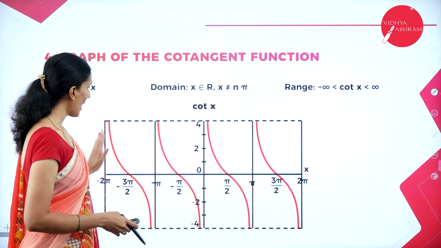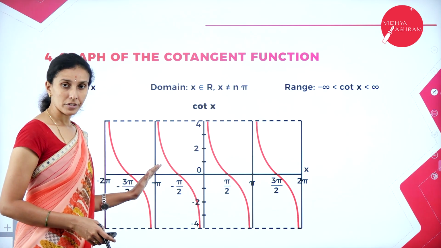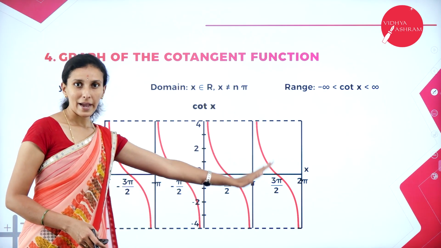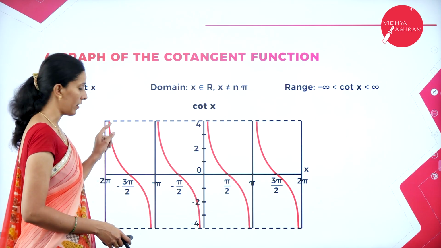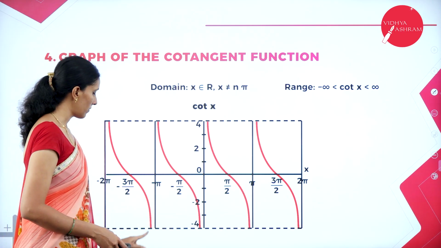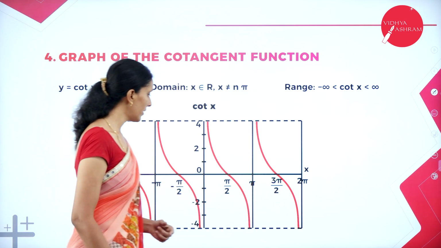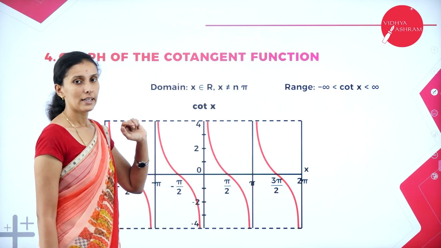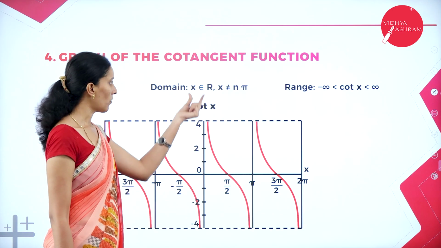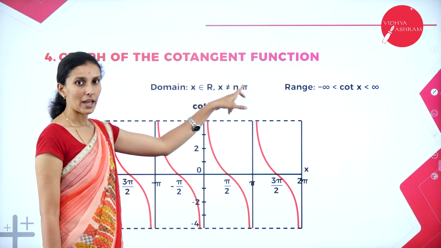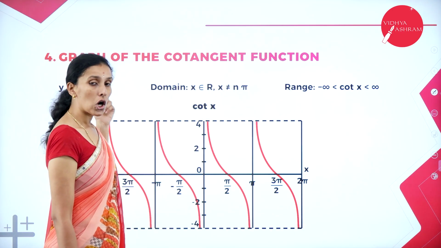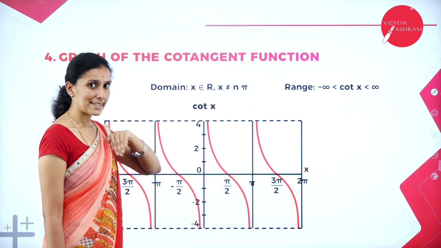Similarly, you can see the cot function. For the cot function, multiples of pi are not defined. Here you can see we have divided it into intervals. So therefore, cot x can take the values of all real angles except n pi. Why? Cot is cos by sine.